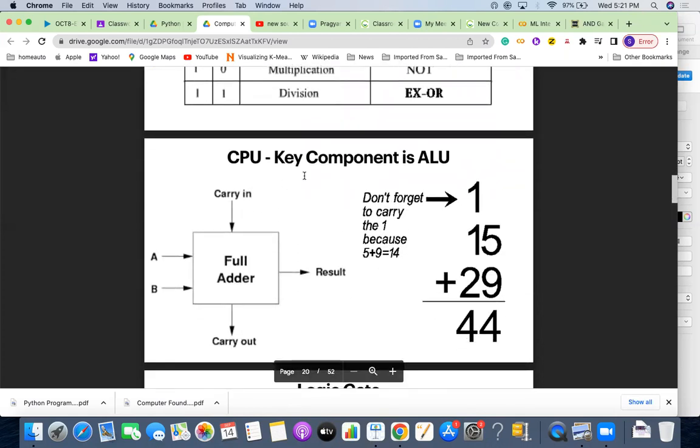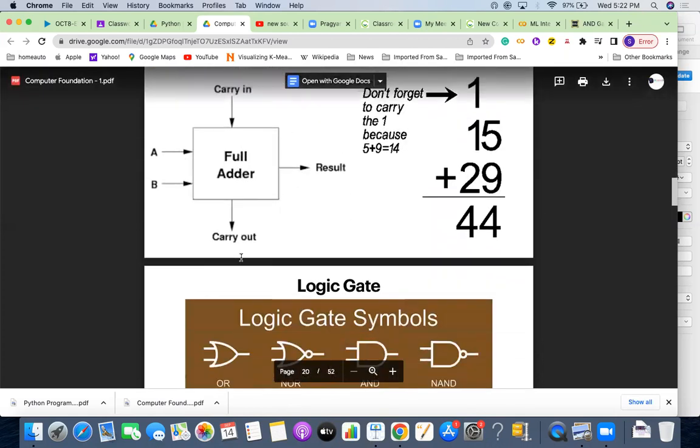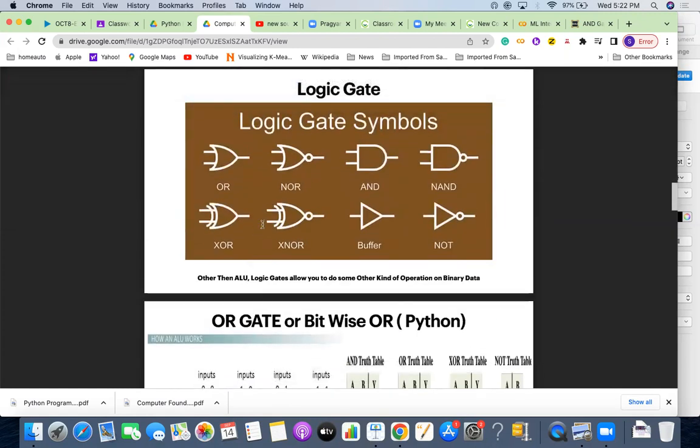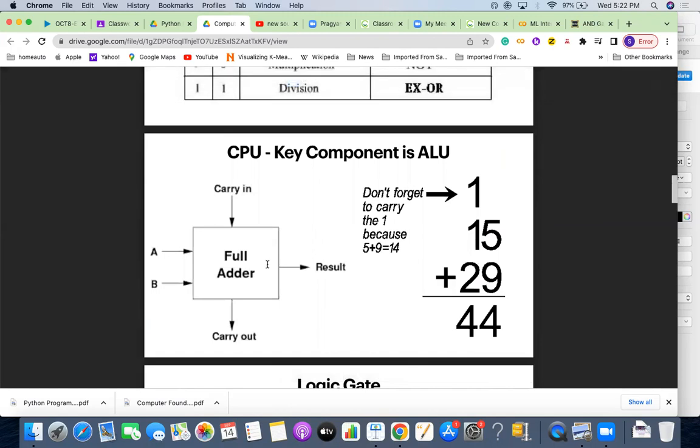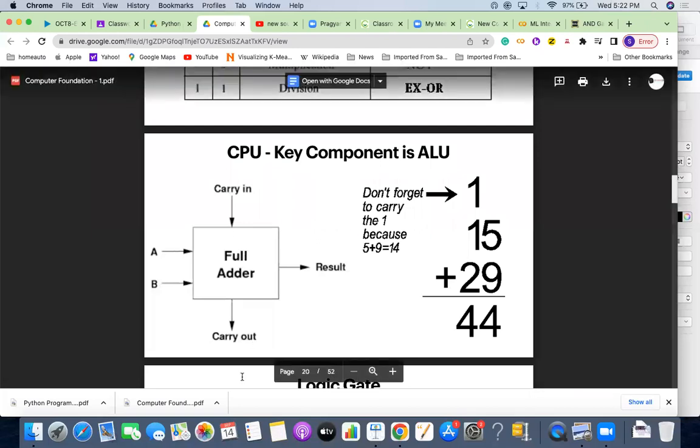And logic, the full adder, half adder, these logic gates you already know. How it looks: these are the two values you will get, and there is a carry in. So you will get the result plus carry out.